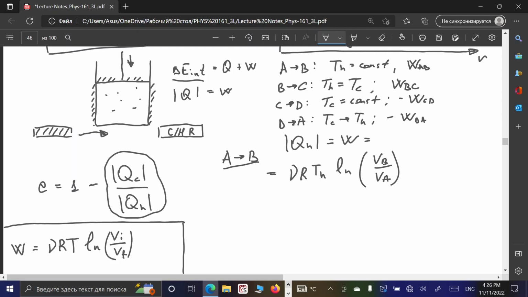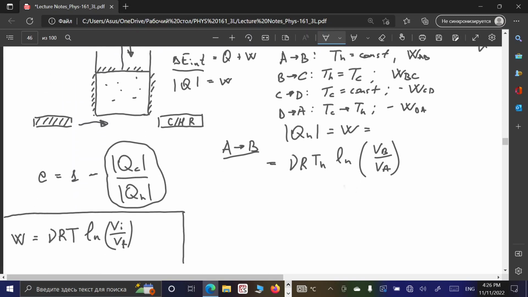And we still have another isothermal process, which is CD. For CD, in this case, we can write that QC is equal to work. Now it is the work done by external force on the system because the piston was moving downwards. In this case, we just use this equation as it is.